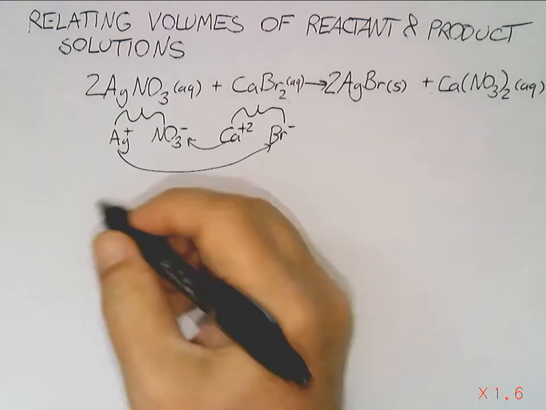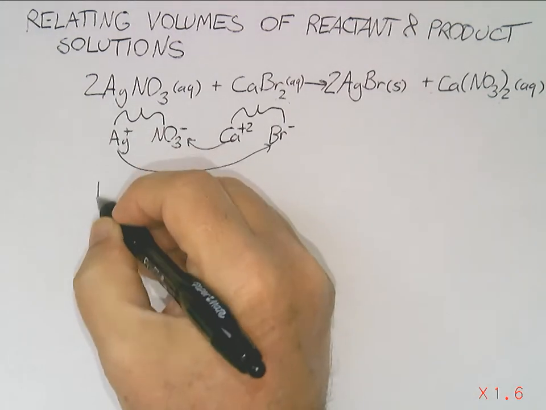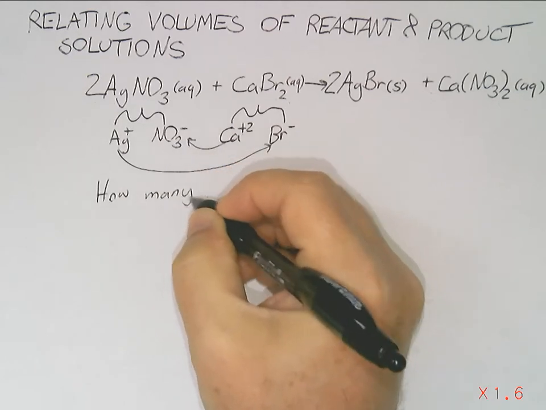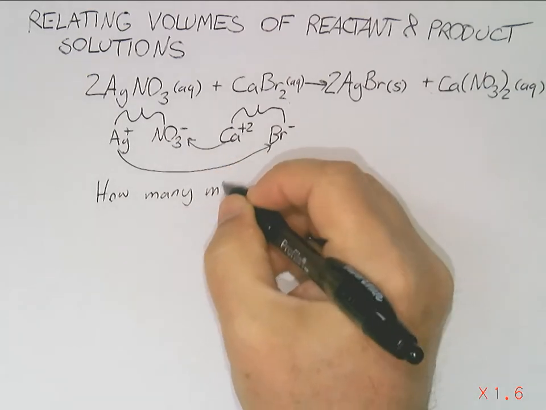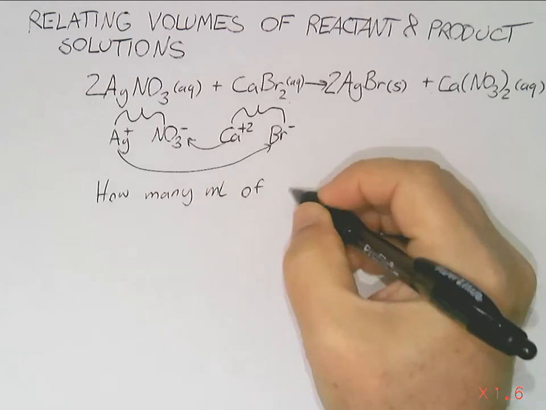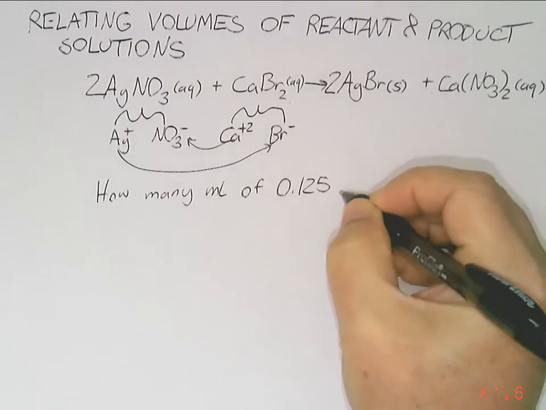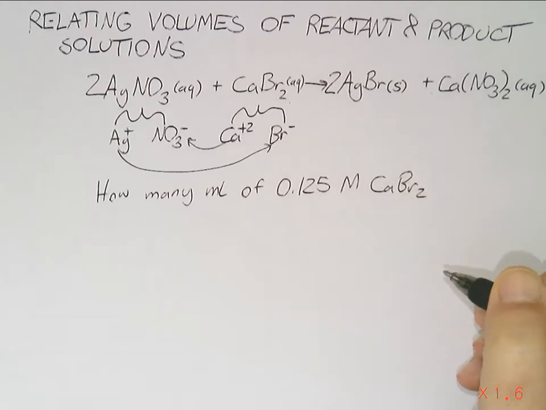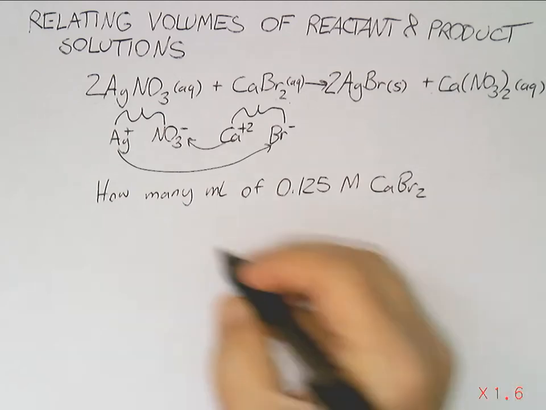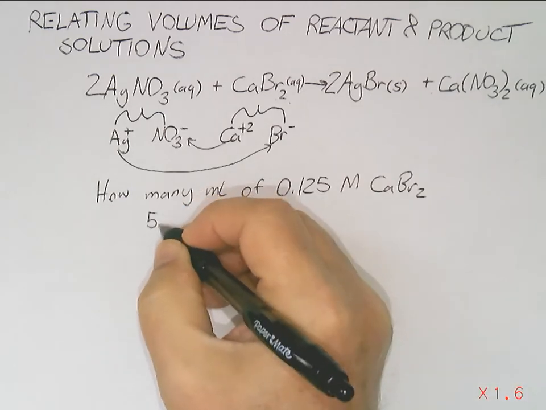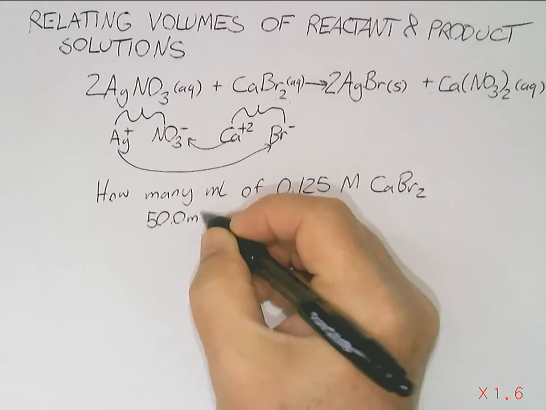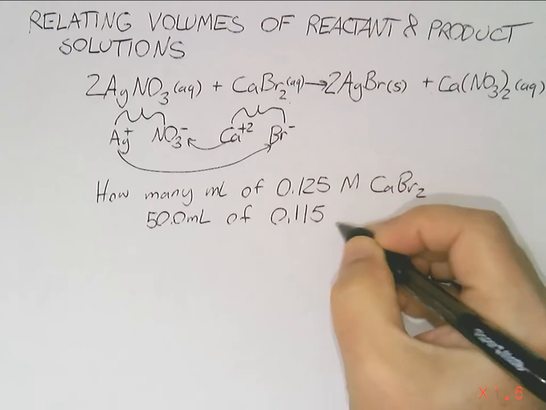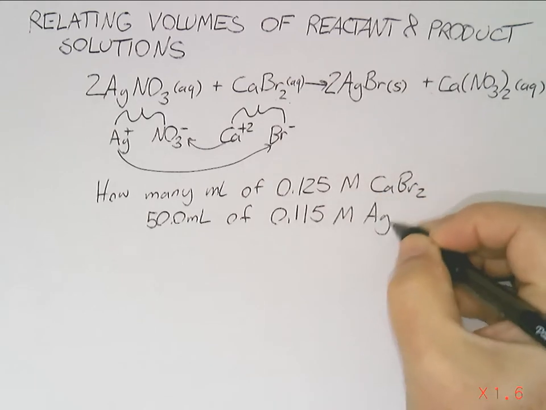So let's ask myself this. Suppose I have solutions of all these things. How many milliliters of 0.125 molar calcium bromide solution do I need to react with, let's say, 50 milliliters of 0.115 molar silver nitrate?